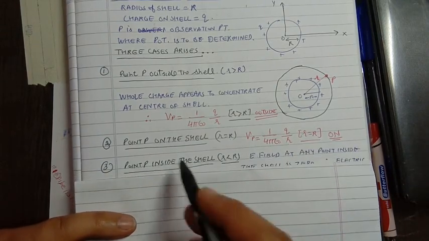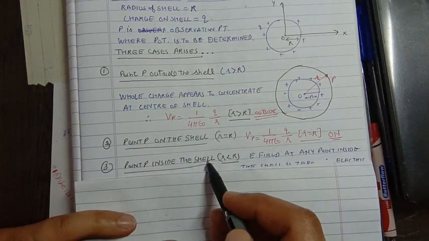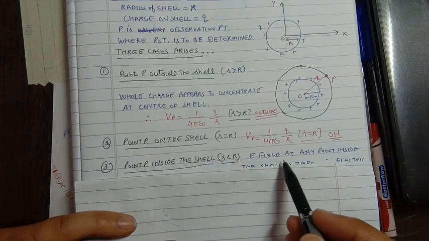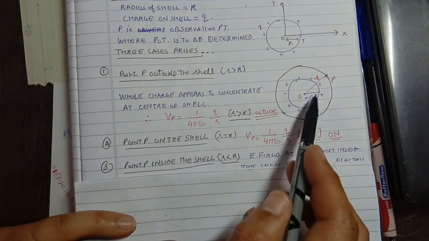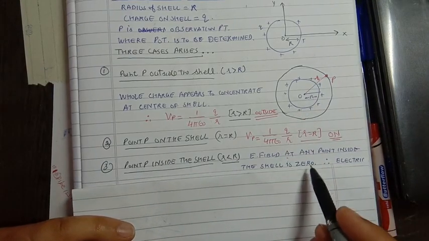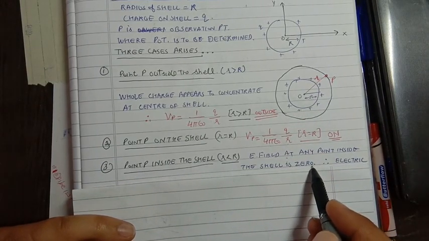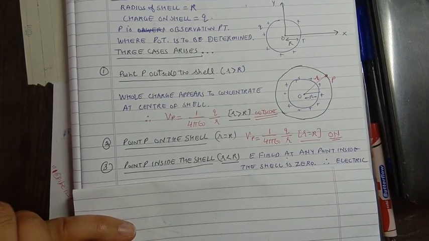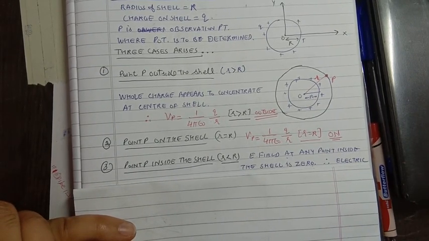And finally, when we bring the point P inside the shell, in case of electric field, we know that because there is no electric charge present inside the shell, the electric field inside the shell is zero. So we can argue that electric potential must also be zero inside the shell.